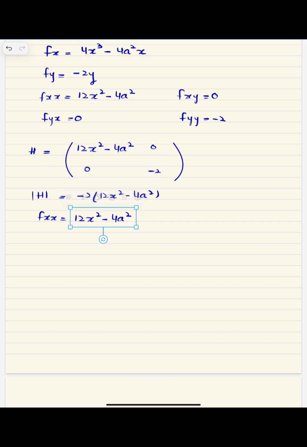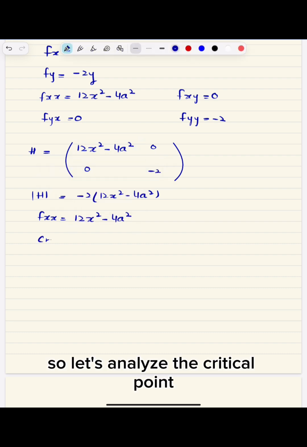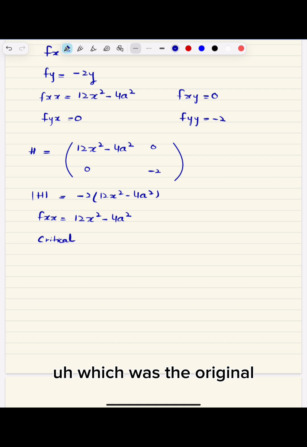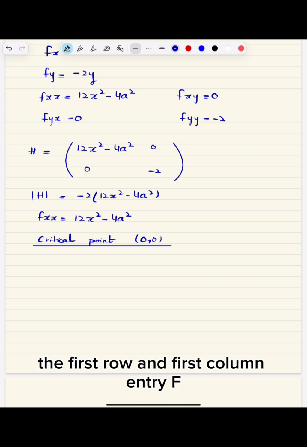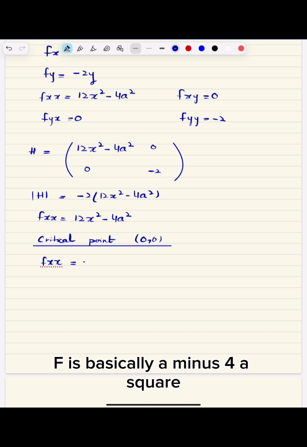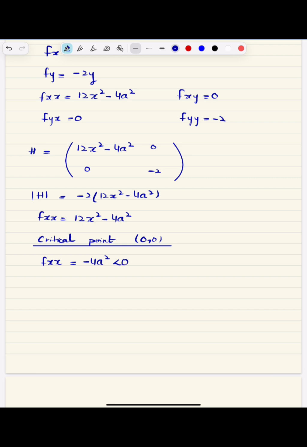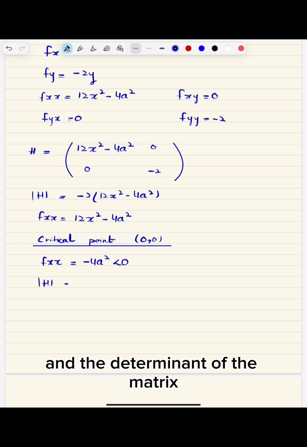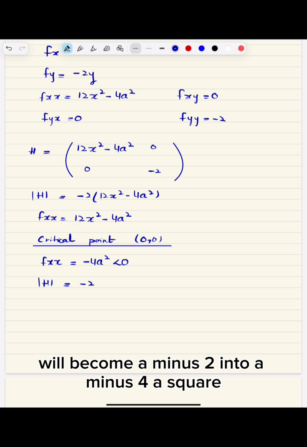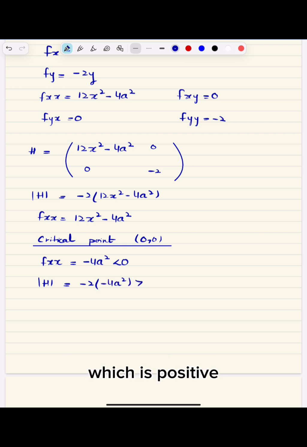Okay, so let's analyze the critical point which was the origin, (0,0). The first row and first column entry f_xx is basically -4a squared, which is going to be negative, and the determinant of the matrix will become -2 into -4a squared, which is positive.